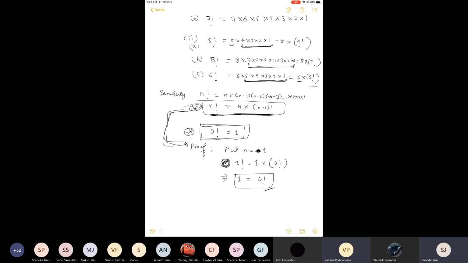But after that, the factorial sign is also there. It is not simply 0, it is 0 factorial. Here it is 1 factorial, this is 1, and this is 0 factorial. There is no 0 by itself, there is 0 factorial. Try to understand. Yes, I understood.